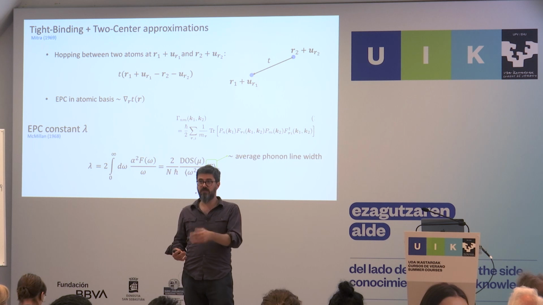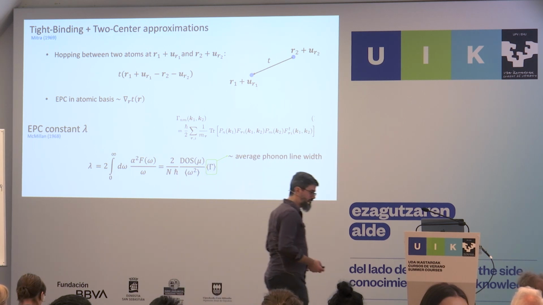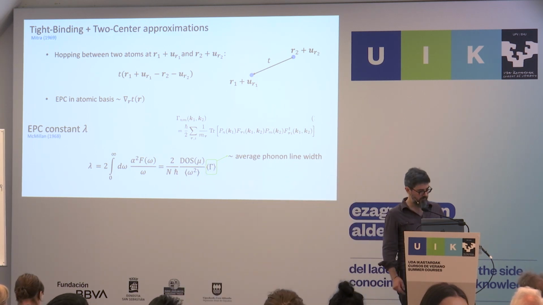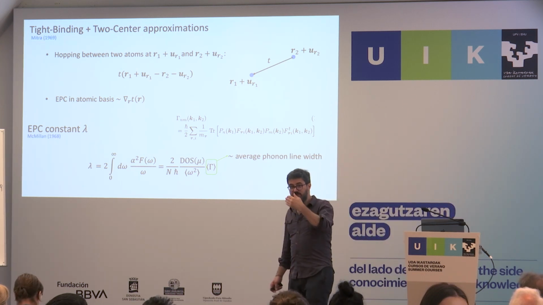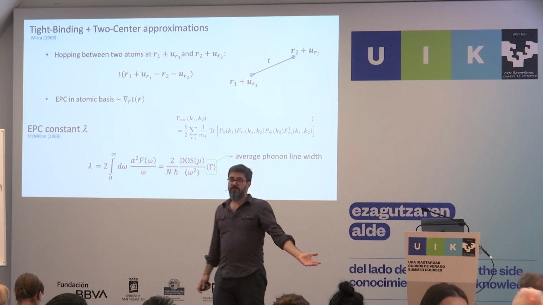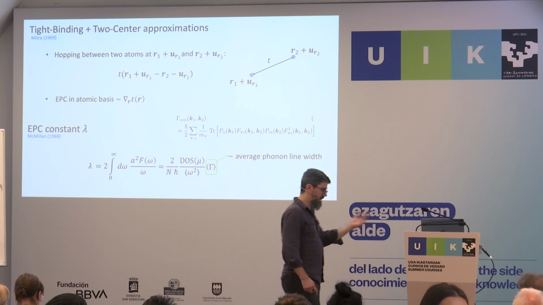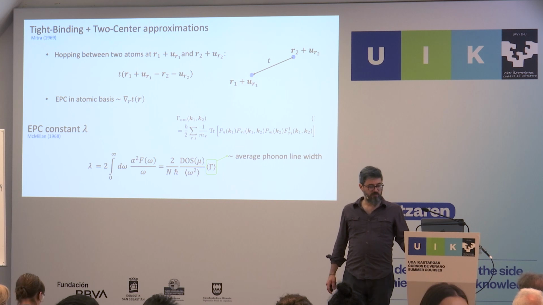And that becomes the famous BCS Hamiltonian when I consider only some momentum channel. It gives you a negative interaction.